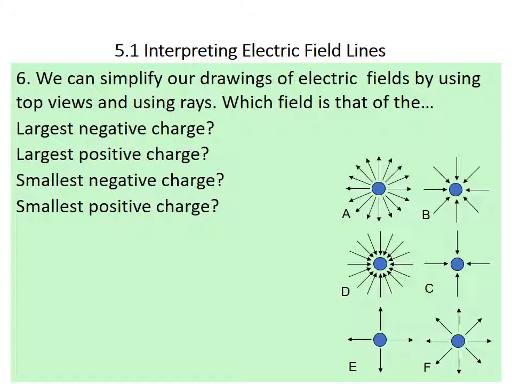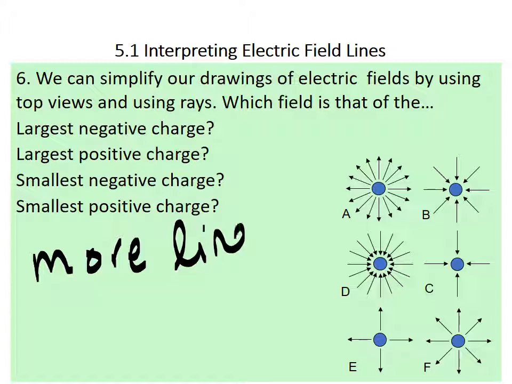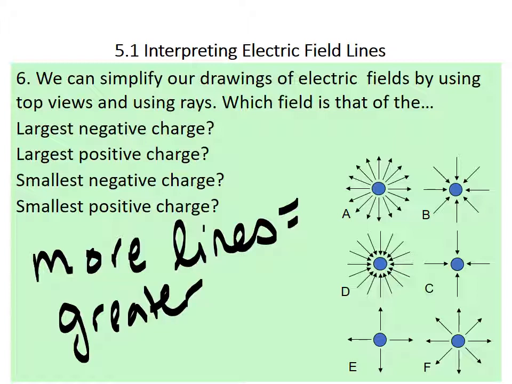Which of the fields A, B, C, or D has the largest negative charge, the largest positive charge, the smallest negative charge, and the smallest positive charge? So here's the hint. More lines equals greater charge, greater magnitude of charge.